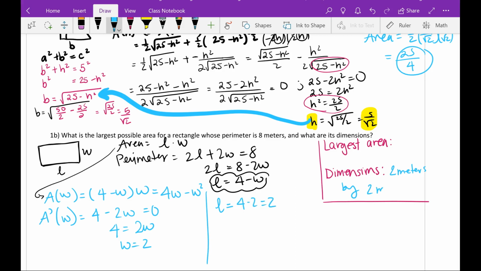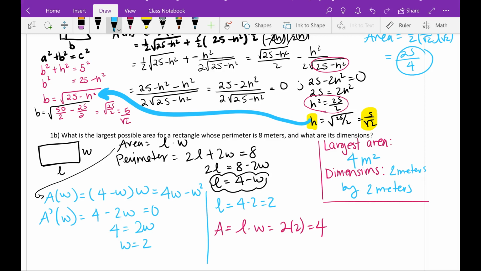So 2 meters by 2 meters. Now the largest area, that's pretty easy because area is just length times width, which is 2 times 2, which is 4. We're dealing with meters, so we're going to use 4 meters squared. And this one is not as bad because the numbers are really nice.